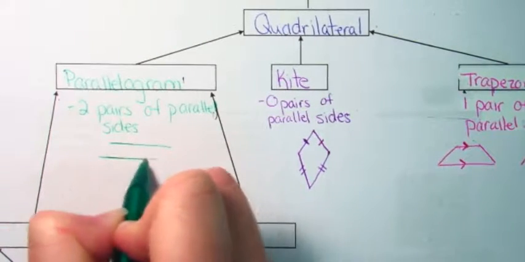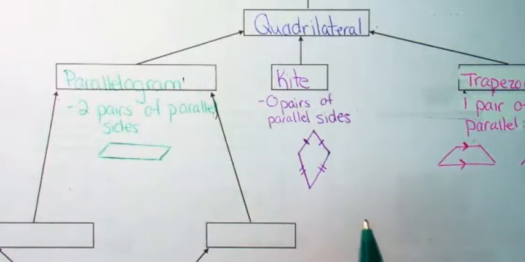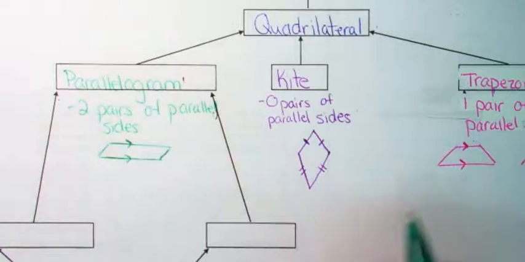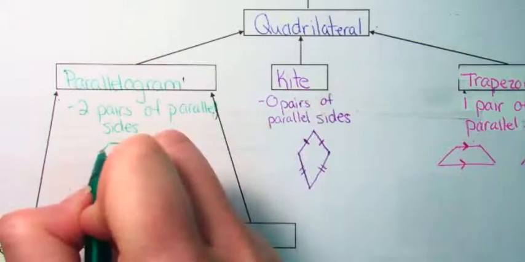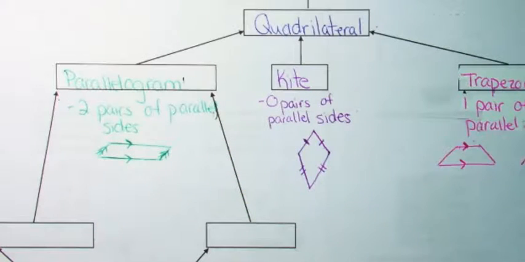It's got your longer sides and they're slanted. To show that they're parallel, the top and bottom, we put one arrow on. And to show that these two are parallel to each other, we put two arrows. So a parallelogram has two pairs of parallel sides.